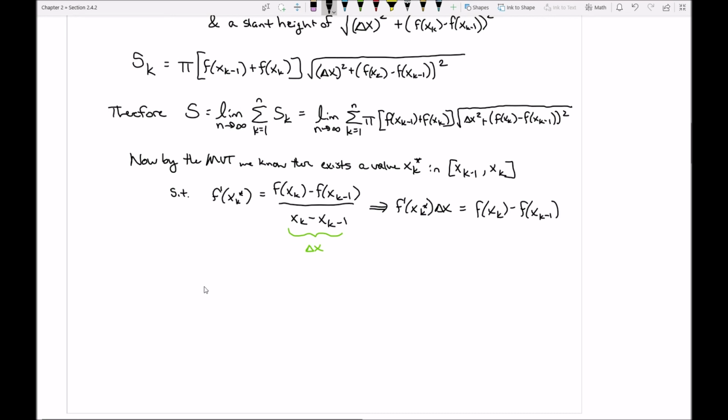So similar again to the last section, we can see that our pi of f of x k minus 1 plus f of x sub k times our giant radical, write that out carefully here.